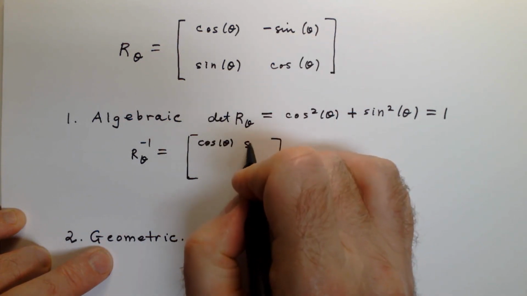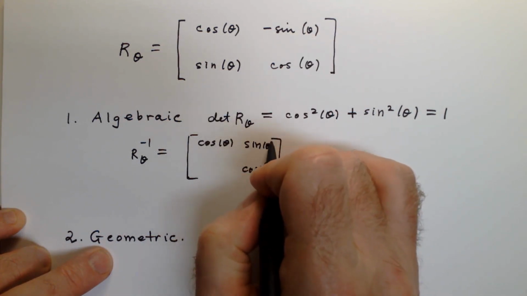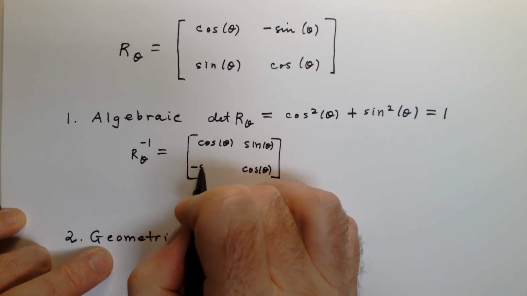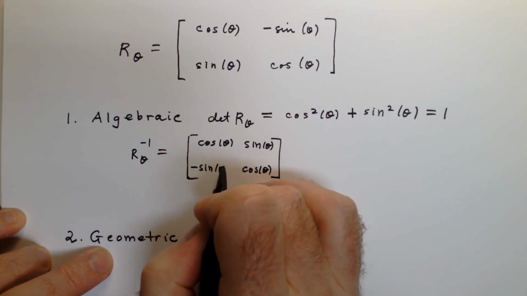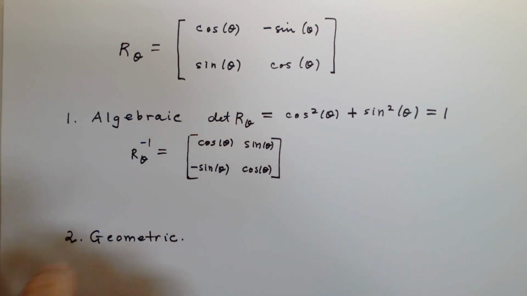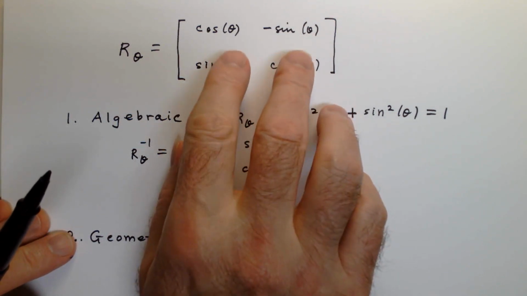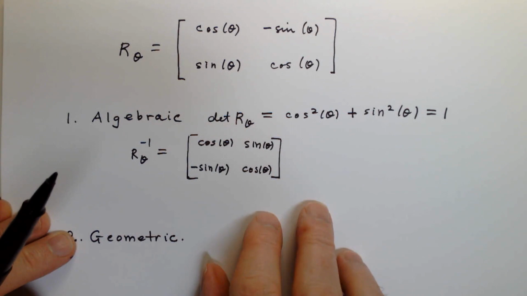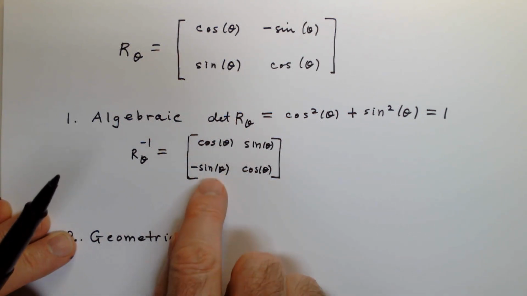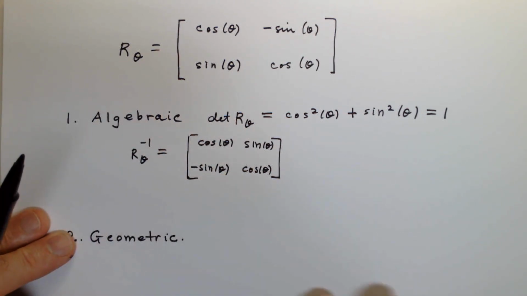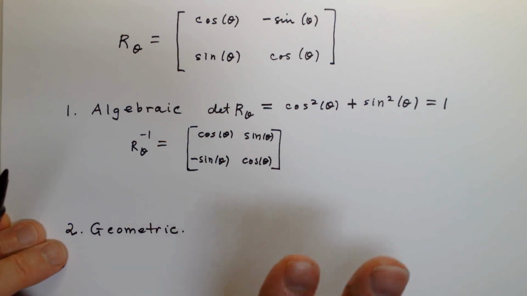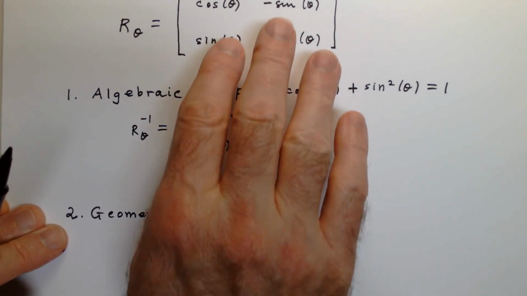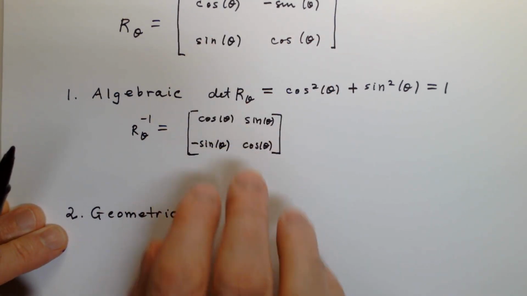So that's going to put a sine of theta here and a negative of sine of theta in this position. So there's the inverse matrix of R of theta, and that is going to therefore be the inverse transform. That will correspond to the matrix of the inverse transformation for this rotation matrix. Okay, now that was done purely on algebraic grounds. We have the matrix for R of theta. We can find its inverse.